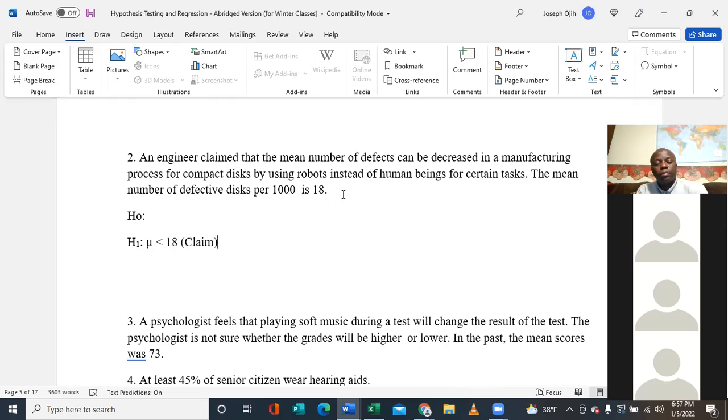Now, they do not always say the opposite of the alternative. If this one is decrease, then this one should be increase. But you cannot use the greater than symbol here.